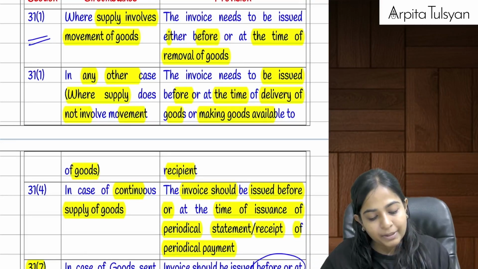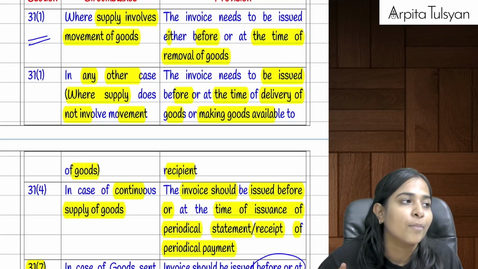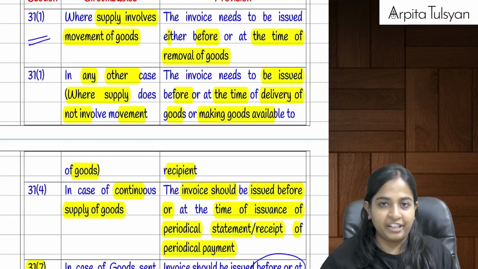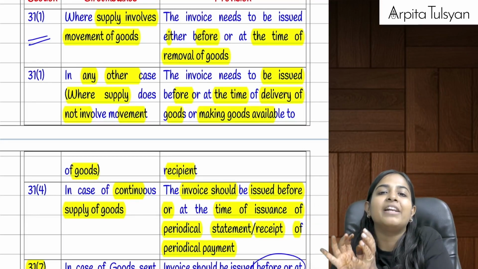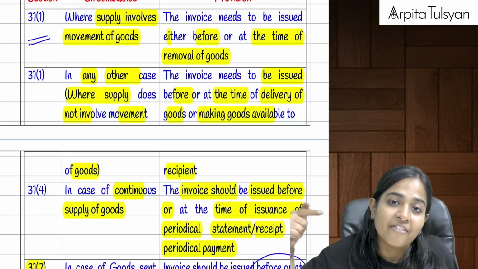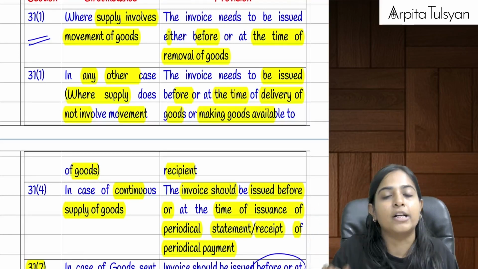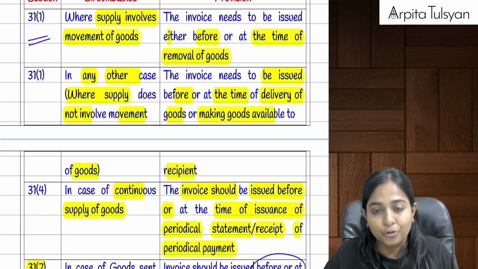So in that case, the invoice needs to be issued on or before the time of delivery of goods, or before making the goods available to the recipient as the owner. On or before that particular day, the invoice needs to be issued.